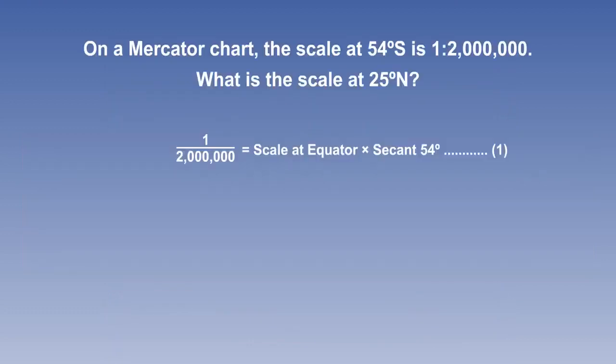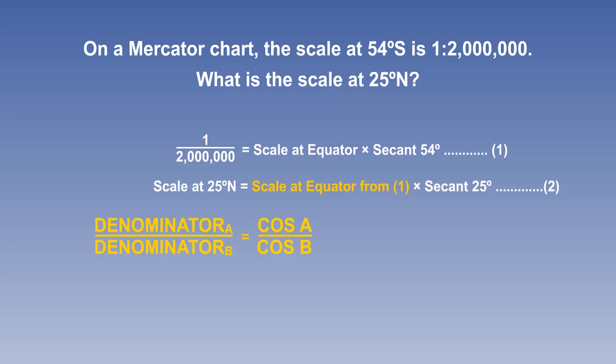We could solve this simply by combining the previous two methods, a double substitution. Knowing the scale at 54 south, we can find the scale at the equator. Then, knowing the scale at the equator, we can find the scale at 25 north. And it would work, but there is a quicker way. We can instead use this formula.